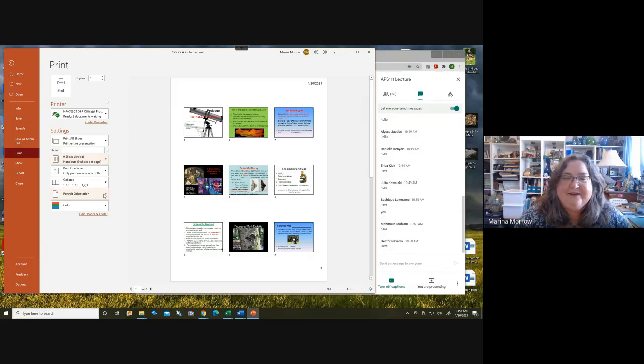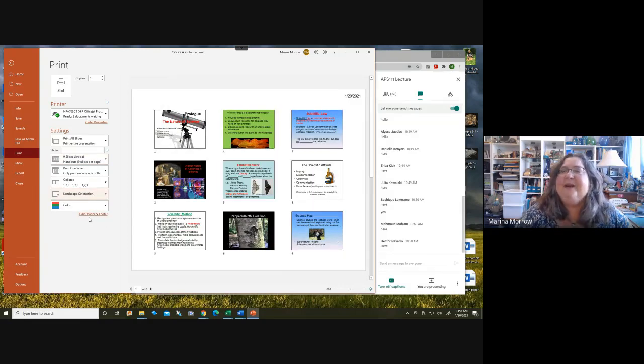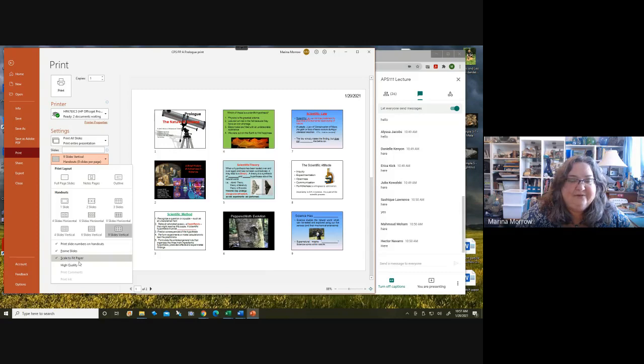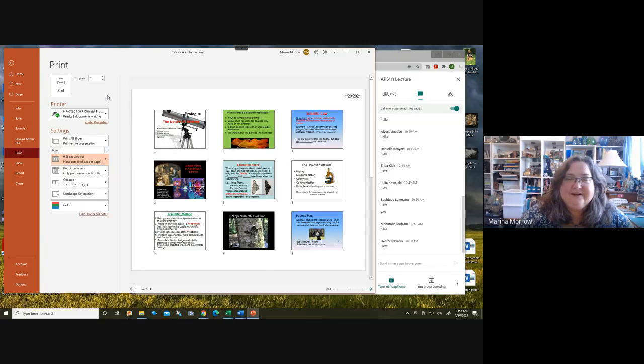So if you're printing out 9 of them, usually what you want to do is change the paper to landscape so that they fit better, and then you get larger ones. Scale to fit paper is already on, so that's as large as it can get pretty much right now. Some people like to print it out small and then have them available to look at. And you can also, of course, print them in black and white or grayscale.